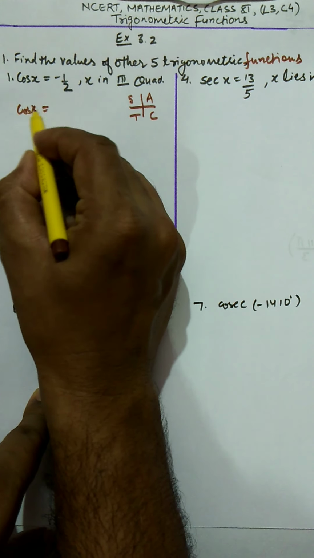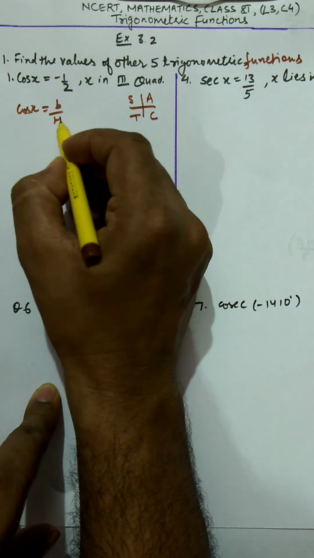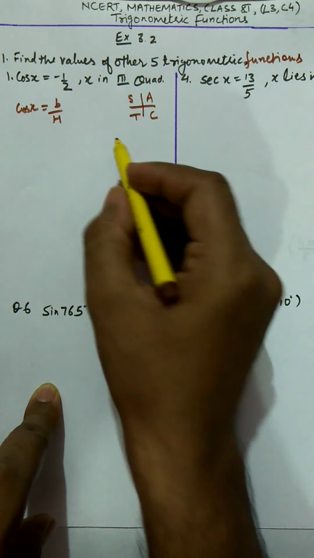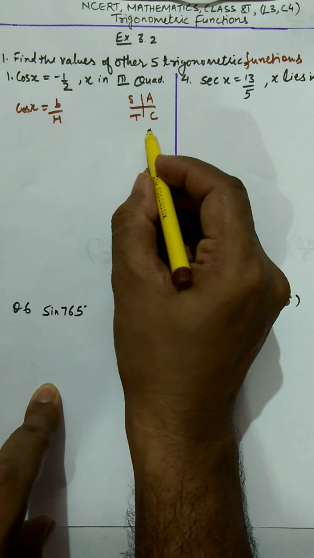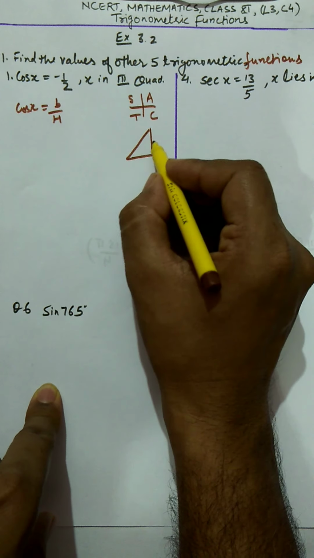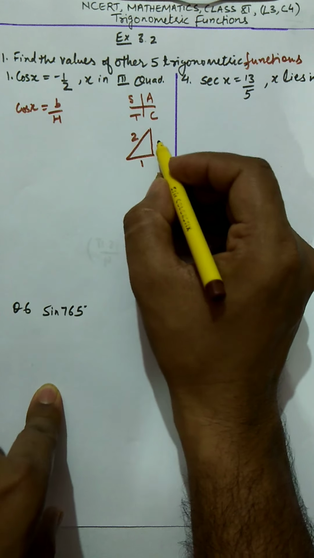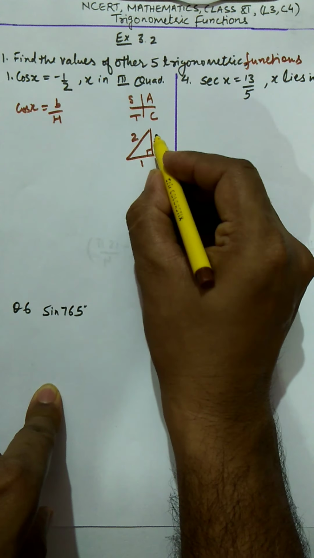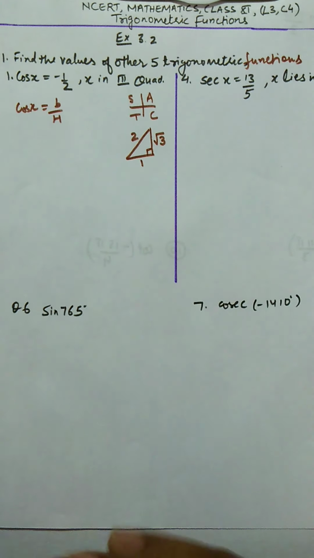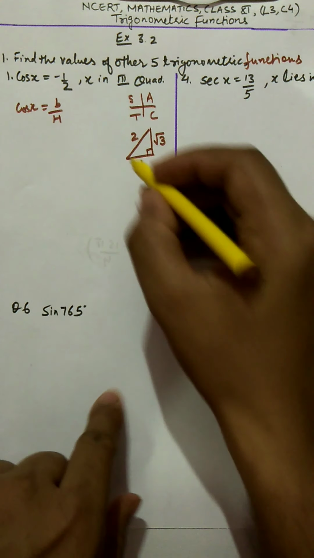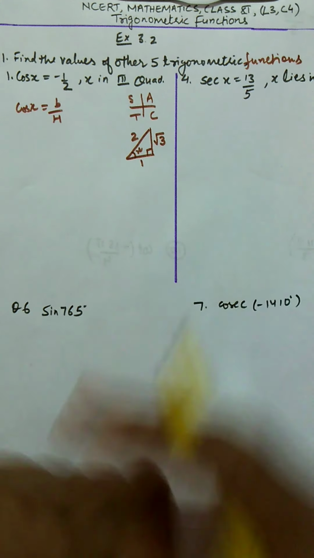Cos x is base upon hypotenuse. So your base is going to be 1 and hypotenuse is going to be 2. With the help of the Pythagoras theorem we can calculate the perpendicular as root 3, and this is your angle x.